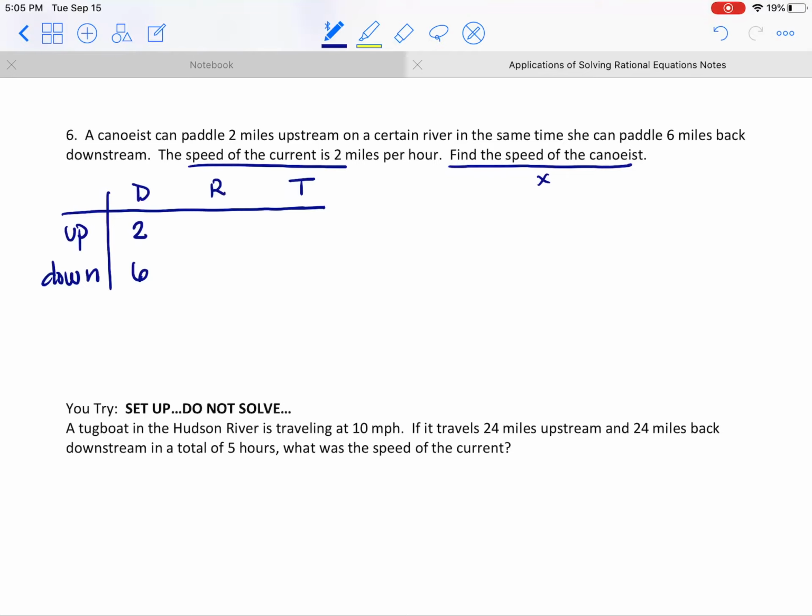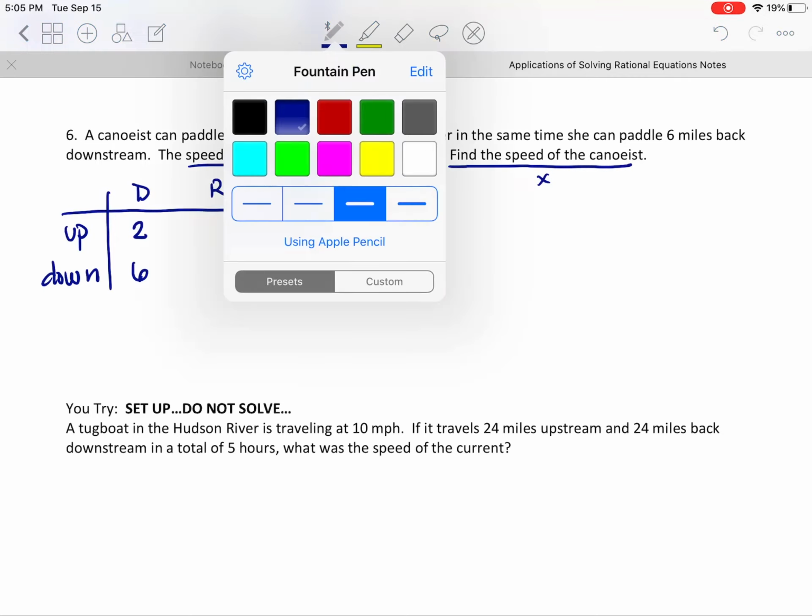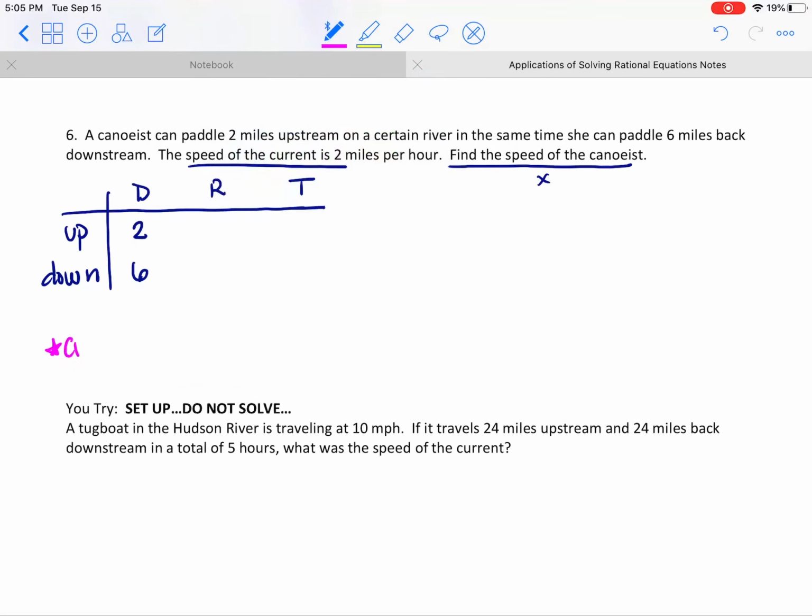Whatever the current speed is, it's going to be subtracted from your speed. It's going to slow you down. And when you're going downstream with the current, you're going to add that current speed to your speed because it's going to speed you up. So the current gets added or subtracted from your speed.